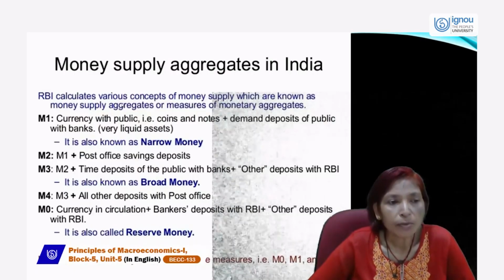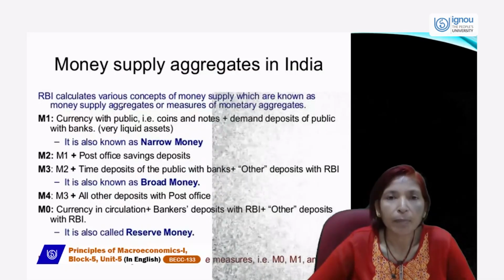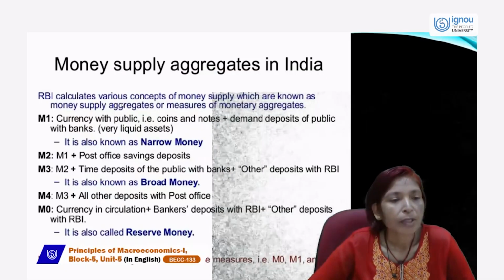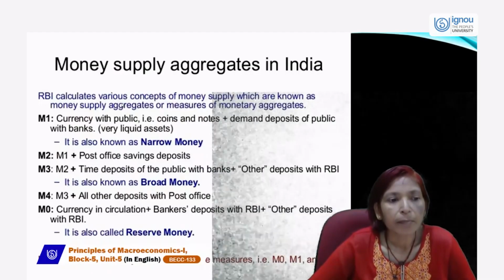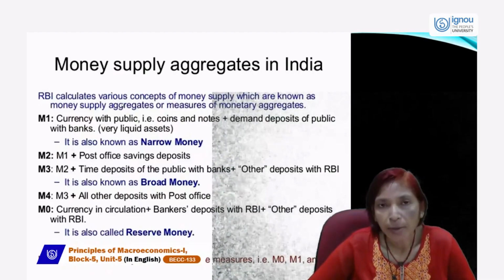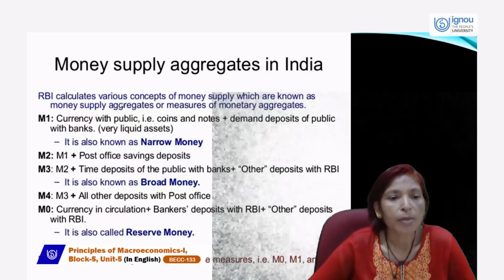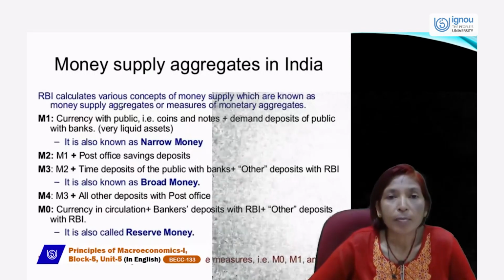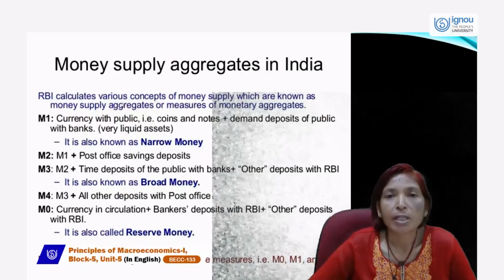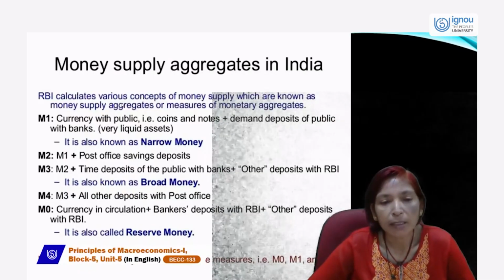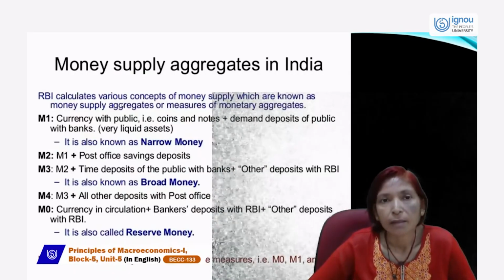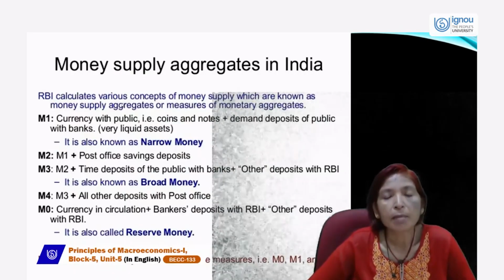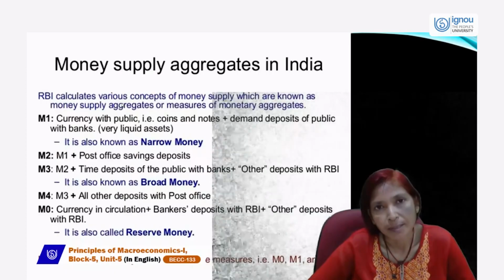In M2, we include M1 plus saving deposits in a bank. M3 includes M1 plus time deposits, TD. Time deposits are deposits from which commercial banks can create multiple money. And M4 includes M3 plus all other deposits with post offices.